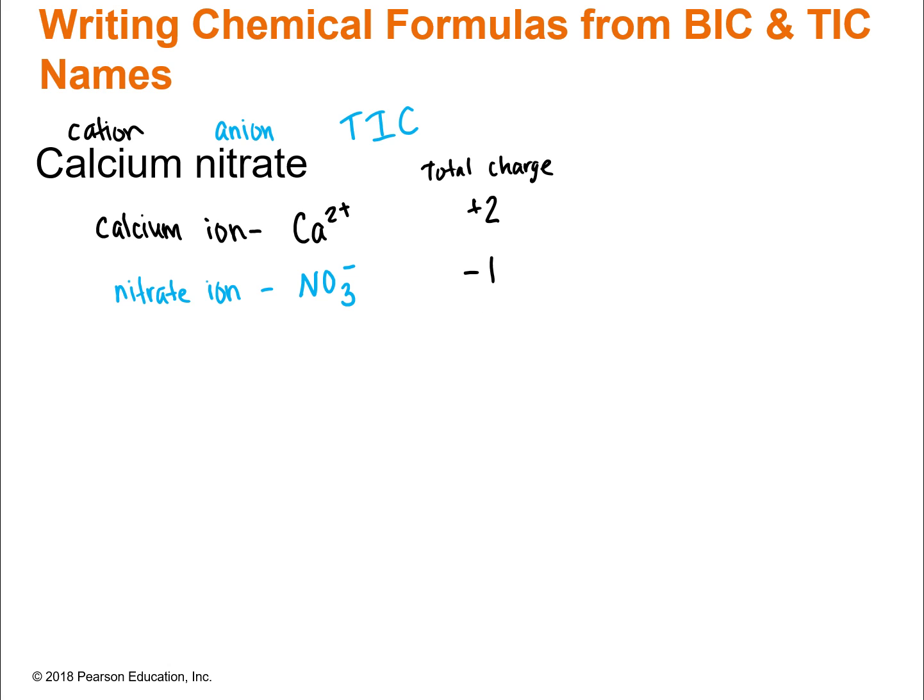These do not match. They're not balanced. So we have to make sure that they are. The lowest common denominator is 2.